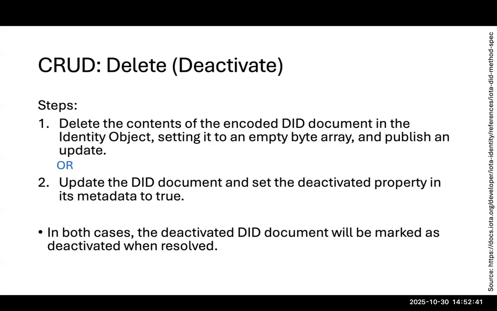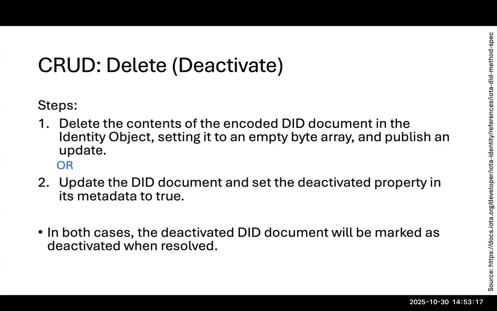Now we have two options to delete or deactivate a DID and a DID document. The first one is just to set the identity object, before making the transaction, to an empty byte array, such that when someone else is going to resolve our DID, they have clear information that the controller has deactivated the DID.